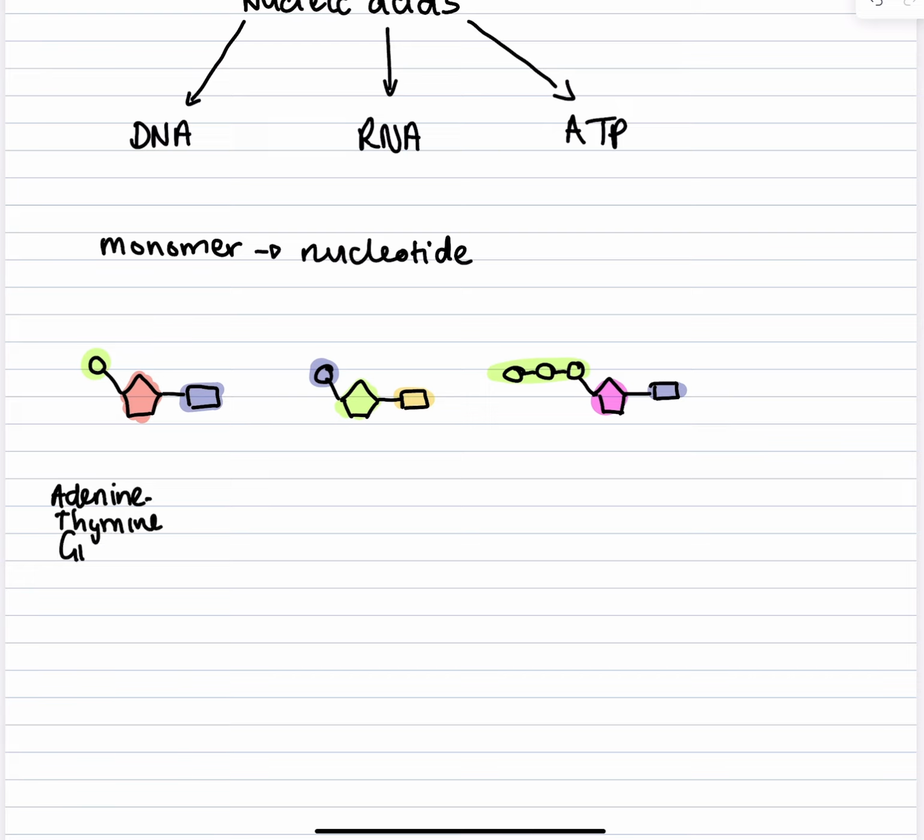This reaction is a condensation reaction. If you remember from the beginning of your A-level course, you would have learned that during a condensation reaction, a bond is formed with the elimination of water. In order to catalyse this condensation reaction, the enzyme DNA polymerase is used.